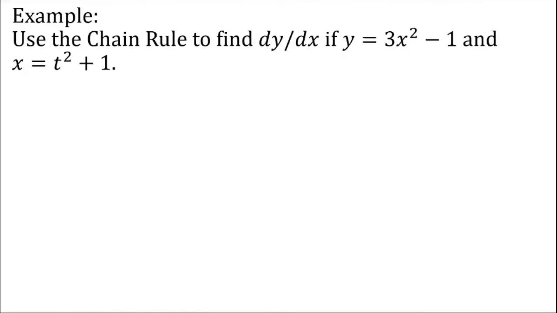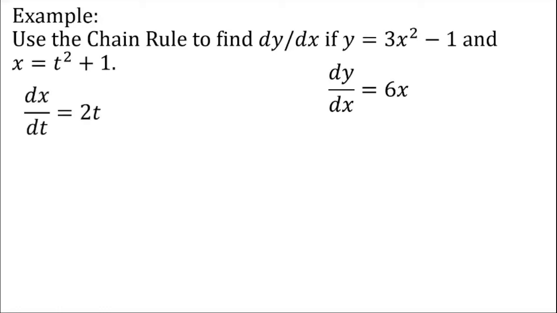Use the chain rule to find dy over dt if y equals 3x squared minus 1 and x equals t squared plus 1. So it means that it is actually the formula for the derivative of composite functions. Let us find the dy over dx first. dy over dx is equal to 6x.